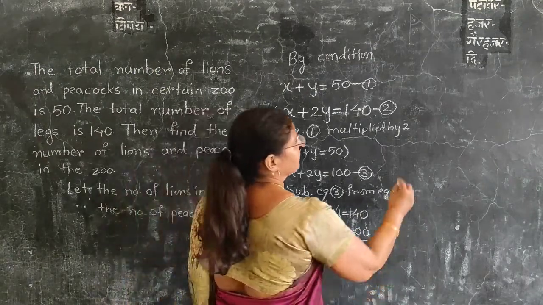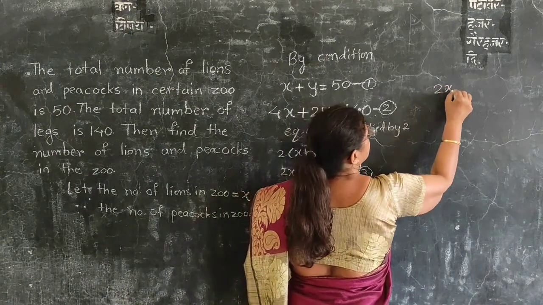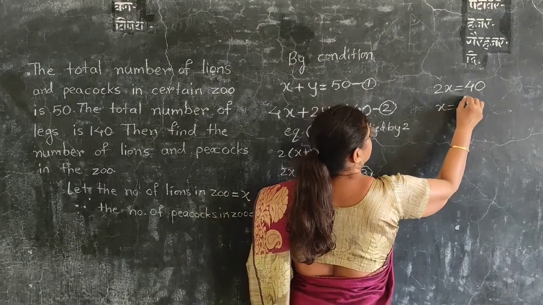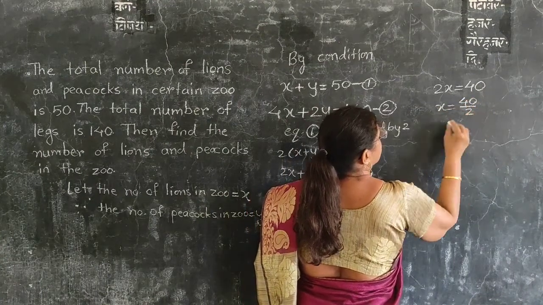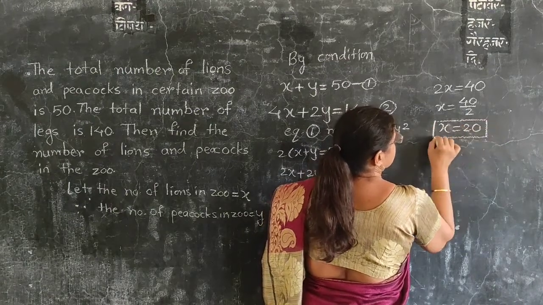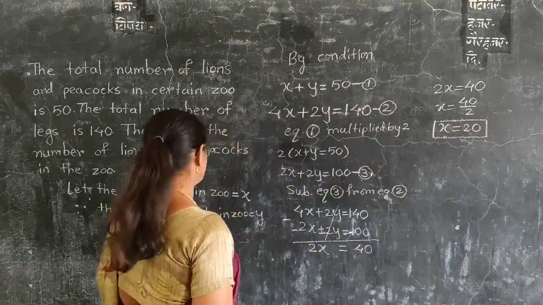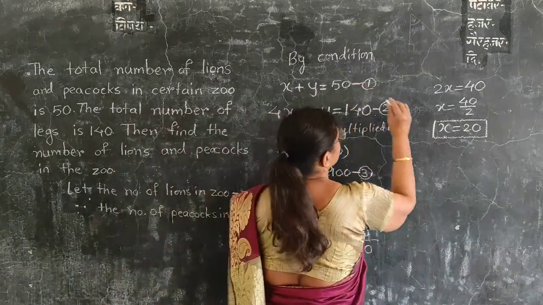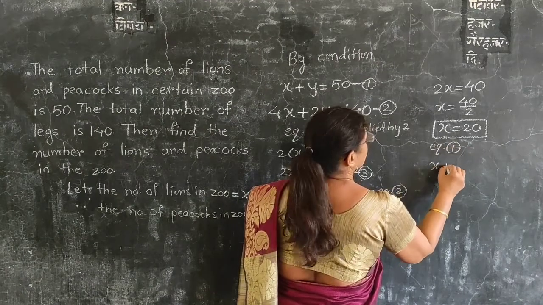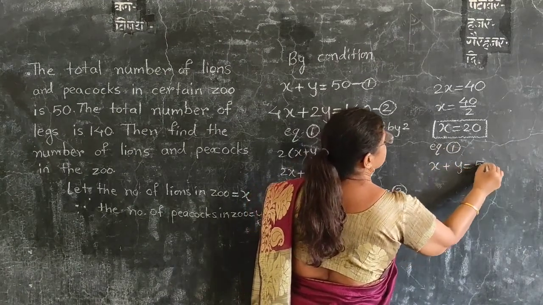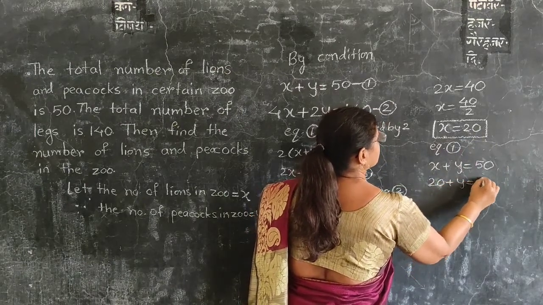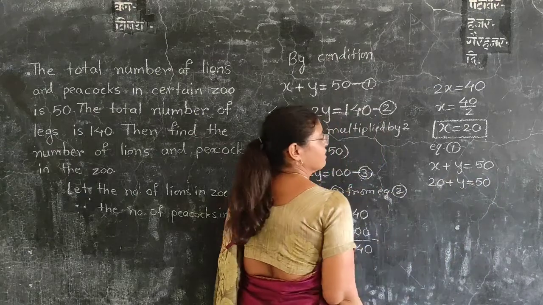So x is 20. For that we take equation 1, x plus y equals 50. Put the value of x: 20 plus y equals 50, and subtract 20 from both sides.